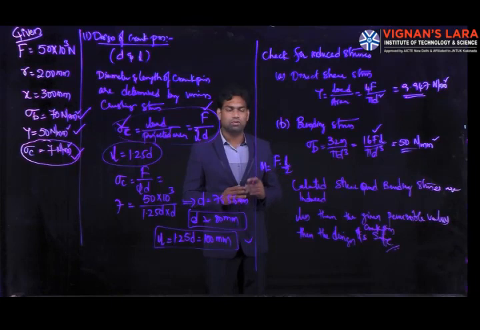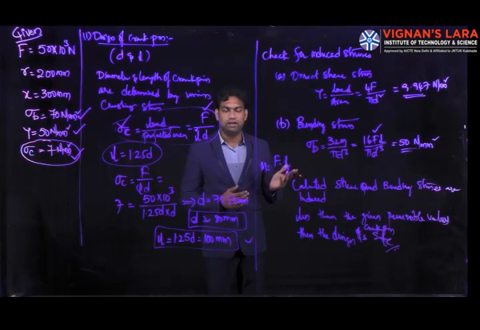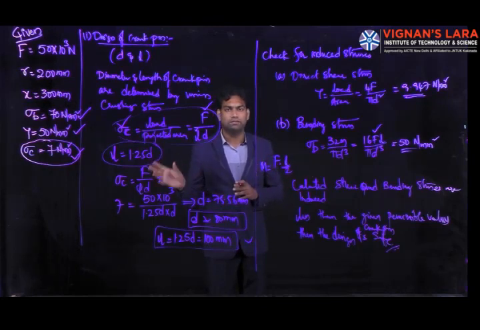So instead of going with the design of web, first of all we can go with the design of main journal, so that we may get the diameter of the journal as well as the length of the journal. Using those values we can find out the width near the crank pin and the width near the main journal of the web, so that I can check with the induced values.